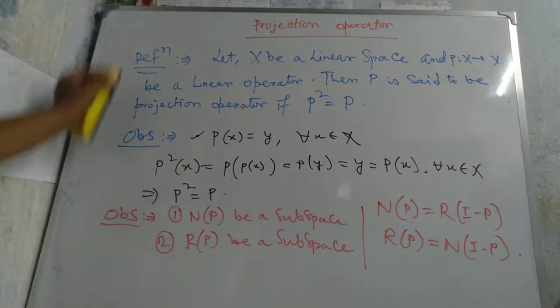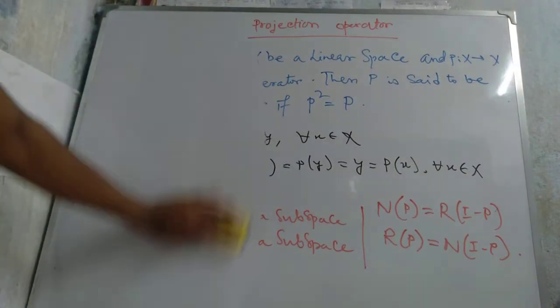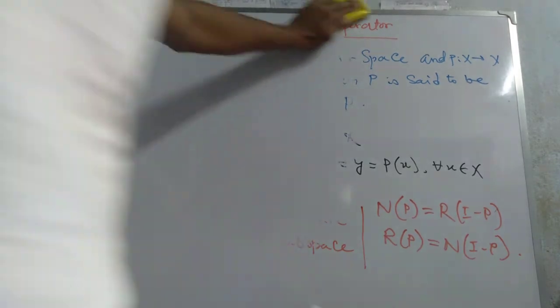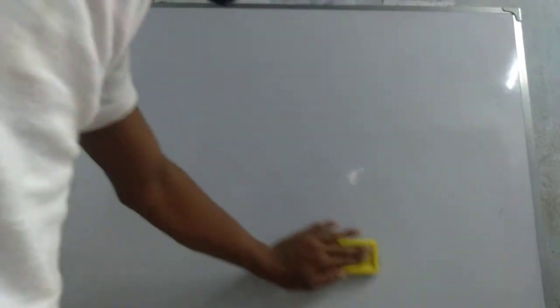Now we erase all these portions and go on to further discussion of one result. The result is this: if P is a projection operator, then I minus P is also a projection operator.